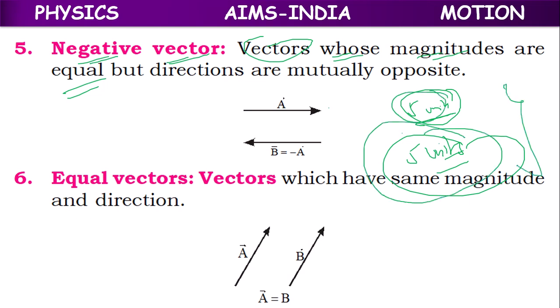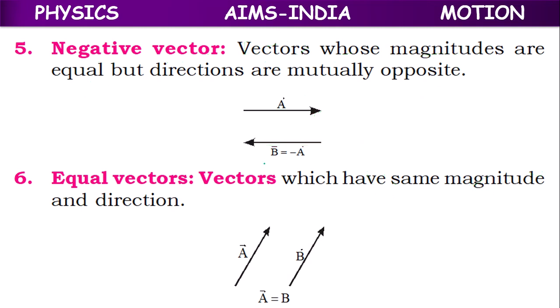But along with equality, if their directions are mutually opposite, like one towards the right and another towards the left, with equal magnitudes, then they are called negative vectors. If the first vector is A bar, then the second vector can be represented as minus A bar, meaning opposite to the first one.